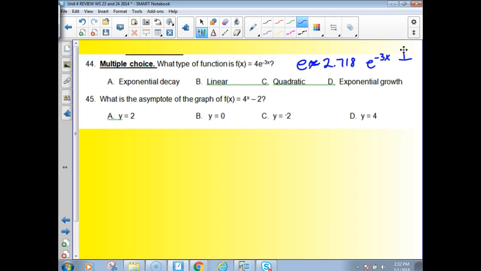That's going to be 1 over e to the 3rd to the x. So that's going to be tiny. So this is going to be decay. And the asymptote of this graph is a horizontal line, sorry, a horizontal line at y equals -2. Shift it down 2.